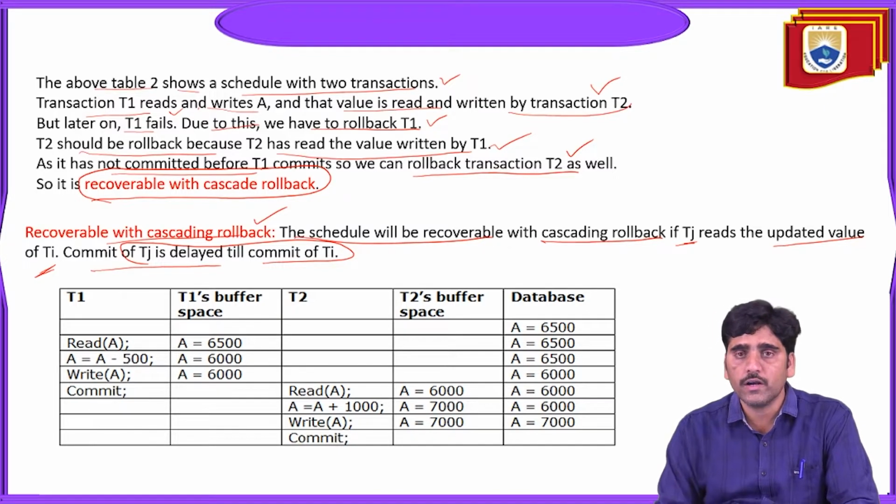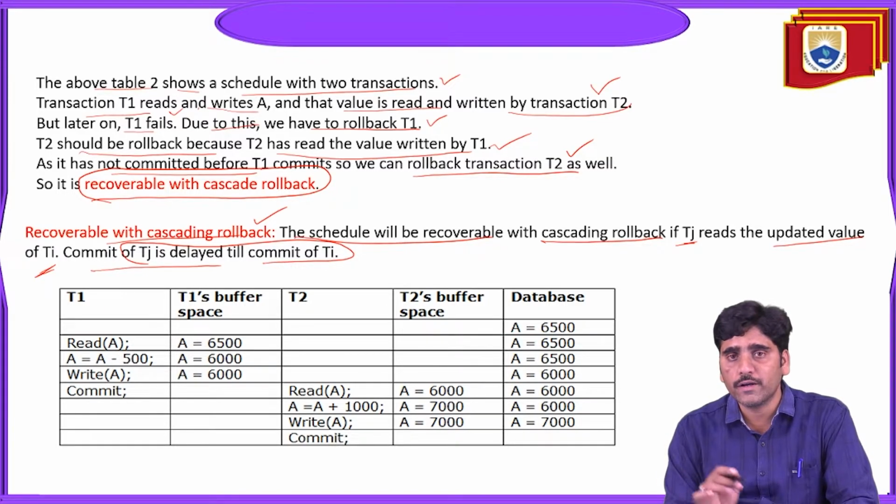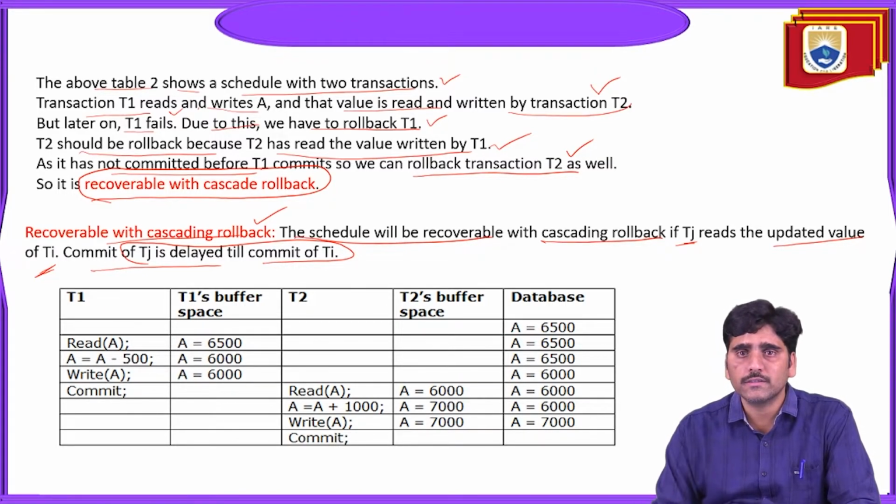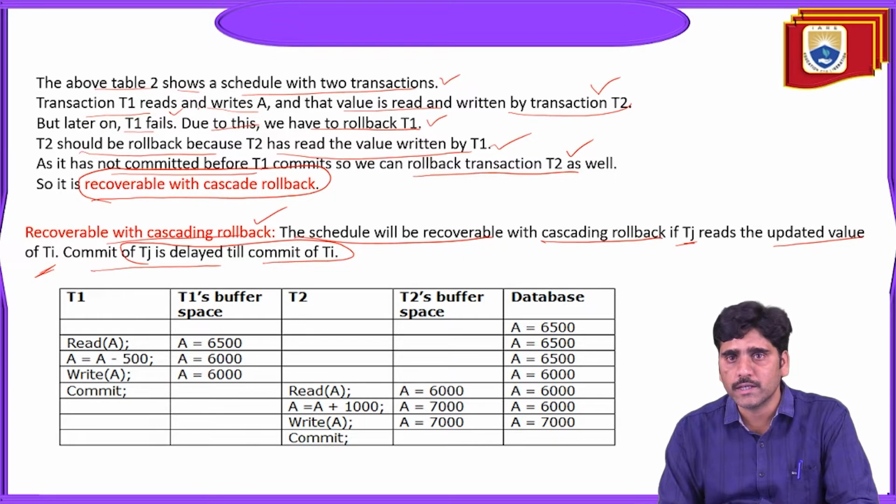Transaction 1 performs read operation, debit operation and write operation. After that it is committed. And the second transaction performs read operation, credit operation, and write operation. After that it is committed.